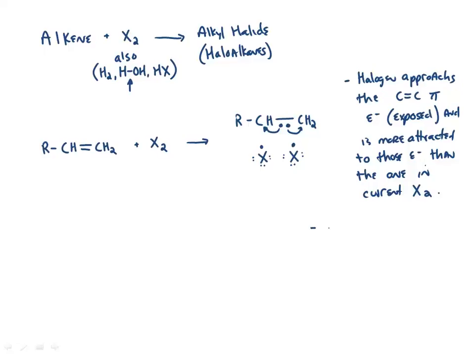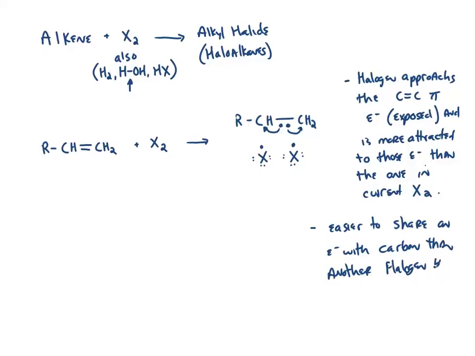It's easier to share, I shouldn't say steal, share an electron with carbon than another halogen because of the electronegativity. Remember, in a shared bond, halogens really want those shared electrons, but carbon doesn't care so much about the shared electrons in a bond, and it's more willing to give it up. And so the halogen would rather share a bond with carbon than with a halogen.